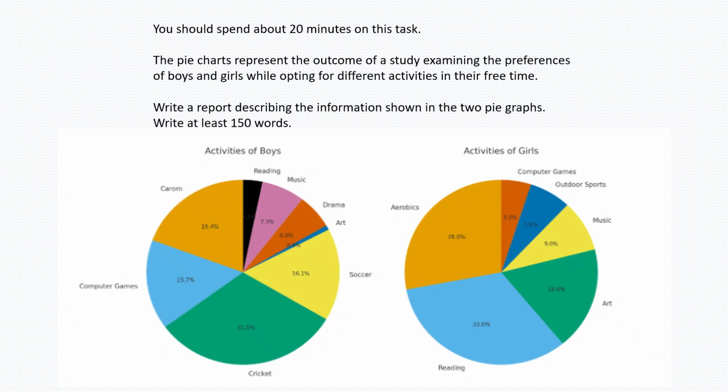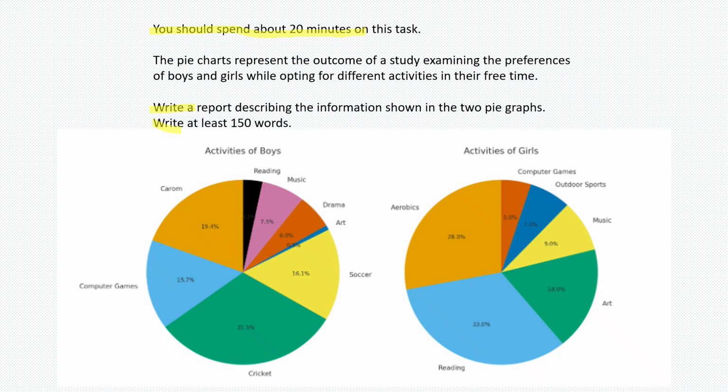So this is again the same pie graph we wrote the introduction of, if you have seen the video. So every chart comes with a certain piece of information and instructions. Right? You can see the instructions here. You should spend around 20 minutes. So these are the instructions. Again, write a report describing the information shown in the two paragraphs.